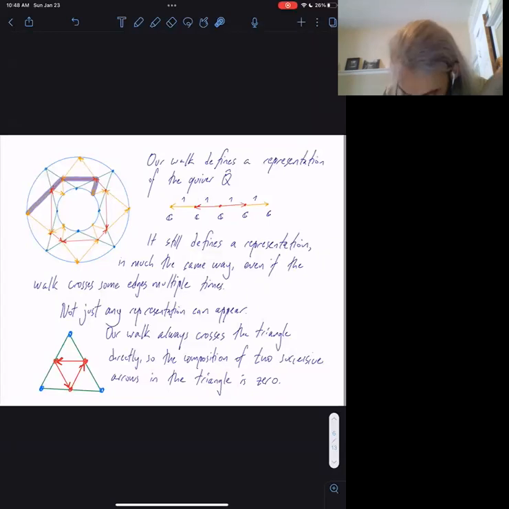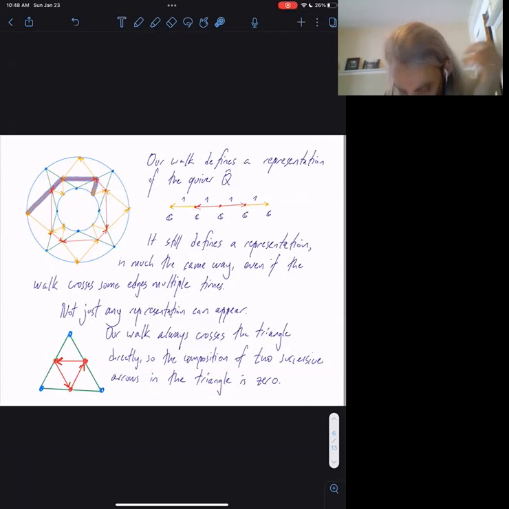And just to make it clear, the representation is that I'm going to put a copy of my ground field, the complex numbers, at each of the vertices, and I'm going to put linear maps between them that are just multiplication by 1. So this is a very simple representation. For all the other vertices, I'm just going to put 0. So this defines a representation of this quiver, as in Benjamin's talk, if you were there for Benjamin's talk.